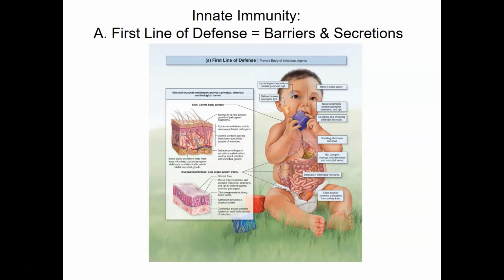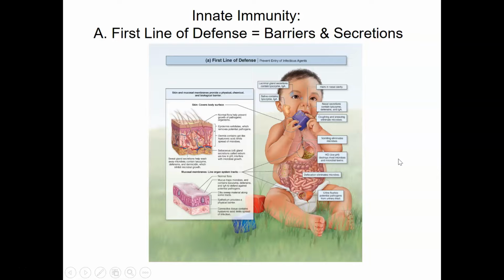For example, lacrimal glands secrete tears, and tears have lysozyme, which is an enzyme which can degrade bacterial cell walls. Saliva also has lysozyme. Both of these have antibodies as well. IgA is a type of antibody, so they're equipped with those.